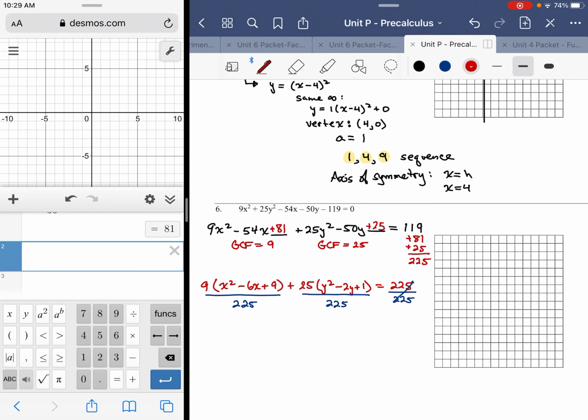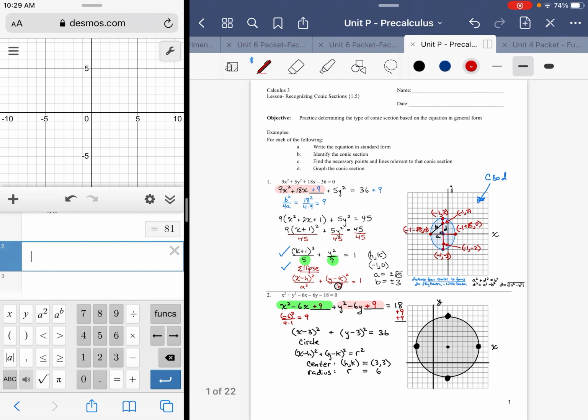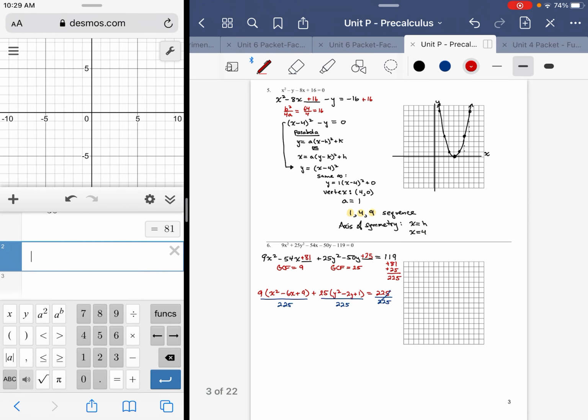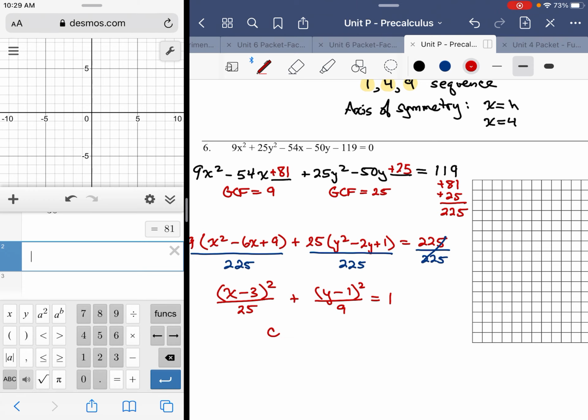And because of that, the standard form, as we talked about way back on page 1 with number 1, involves the right-hand side equal to 1. So simplifying, we're talking x minus 3 squared over 25 plus y minus 1 squared over 9 equals 1.